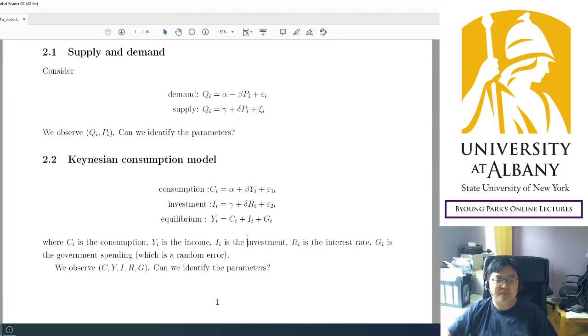It is obvious in this case from economic theory. So that becomes an additional restriction you can use in your estimation. And also, we assume that the interest rate does not affect, say, consumption, for example.